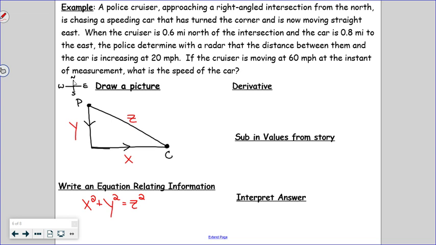Those are all just a power rule, all changing with respect to time. So it would be 2x dx/dt plus 2y dy/dt equals 2z dz/dt.